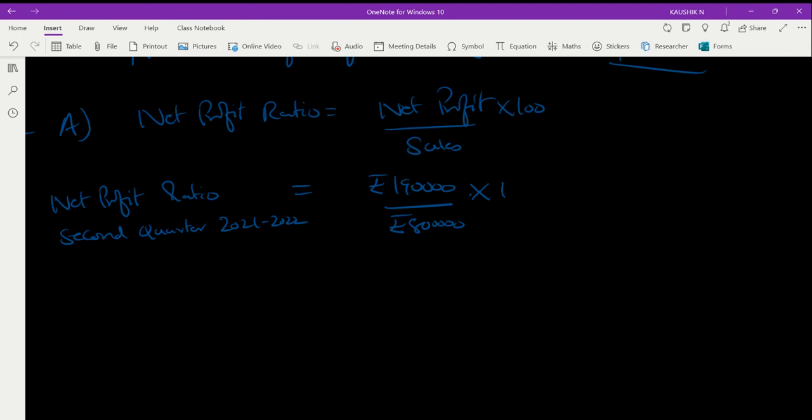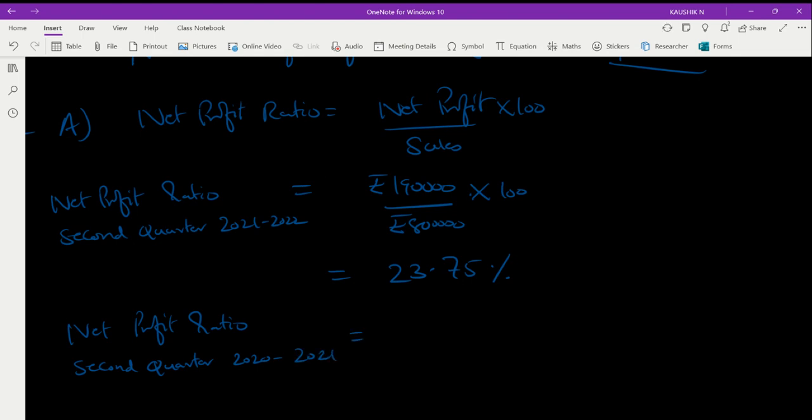8 lakhs into 100. So when you cancel the common zeros, you will be getting a value of rupees 23.75 percentage. In the same way, you calculate it even for the second segment, that is net profit ratio second quarter 2020-2021.